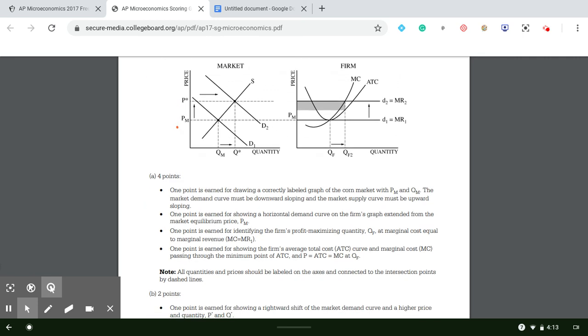Making sure the ATC hits the marginal cost and the marginal revenue and demand right at this point, because that is the zero economic profit point.